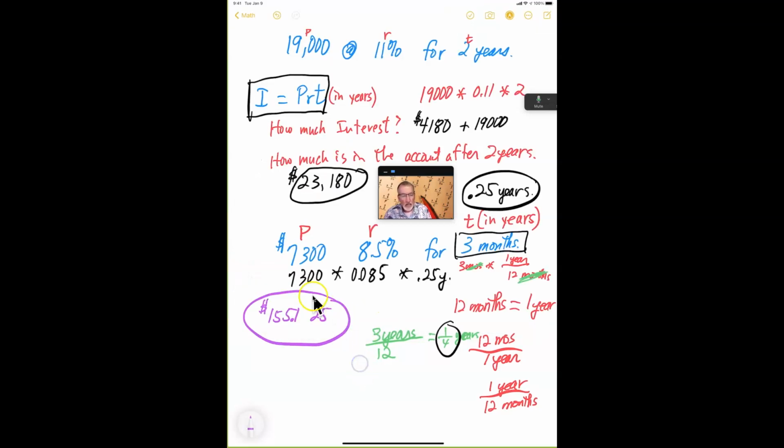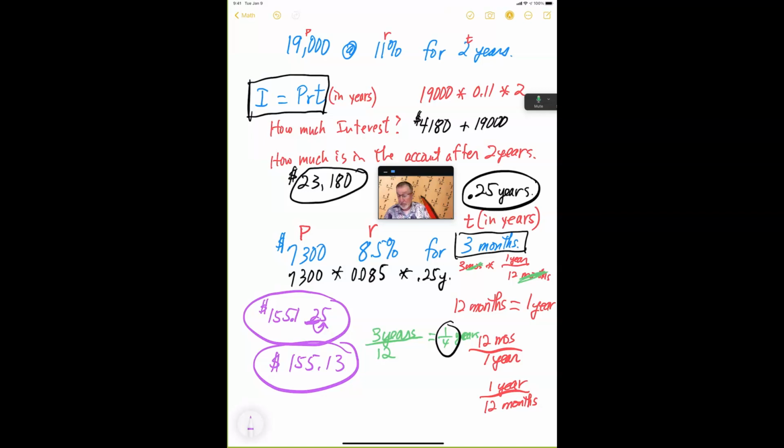So the rounding rule here, you've got 0.12, and the next number is a 5. So our final answer, 155.13. That's how much interest would be paid. So on $7,300 at 8.5% interest for 3 months, you get $155.